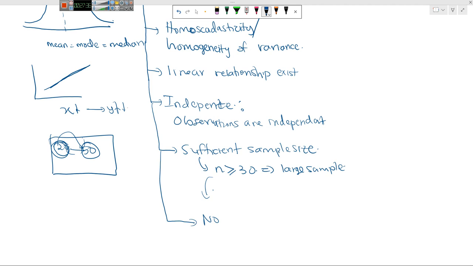We will study about this multicollinearity under the topic of regression analysis, especially multiple regression analysis, where we have more than one independent variable. So the next assumption was no multicollinearity. Okay, so these are enough for now.